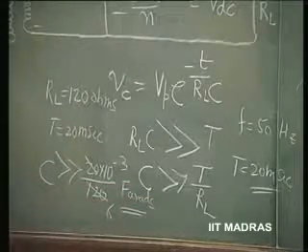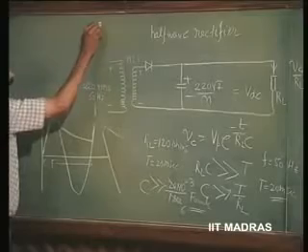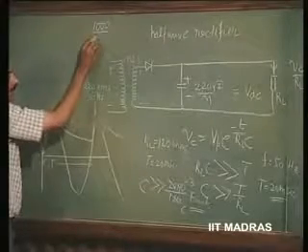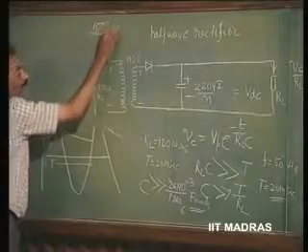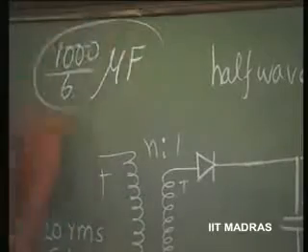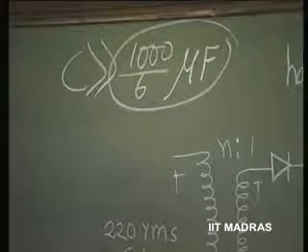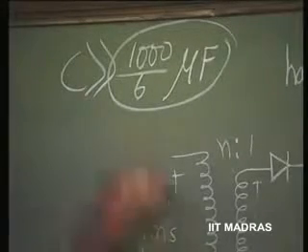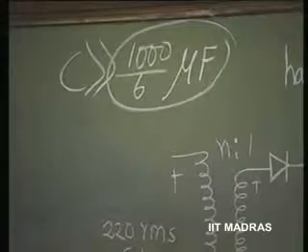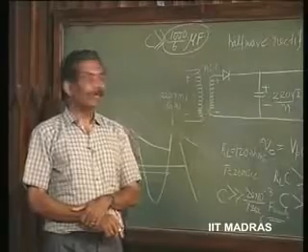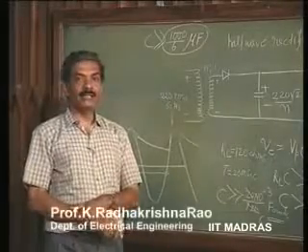How much is it? This is nothing but 1000 divided by 6 microfarads. C must be made much greater than that. Such capacitors are available.